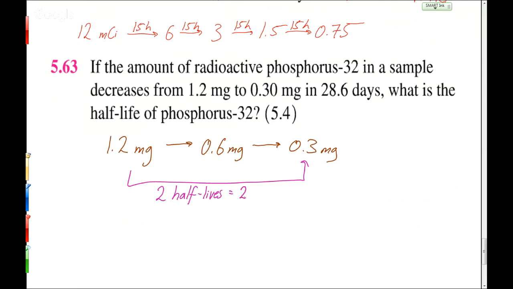And that is 28.6 days, which it tells us in the question. So it decays that much in 28.6 days. And if that's 2 half-lives, what is 1 half-life? 14.3. Everybody see that? 28.6 divided by 2, so half of that must be 14.3.